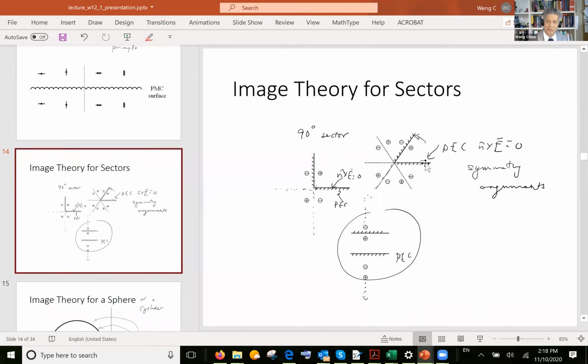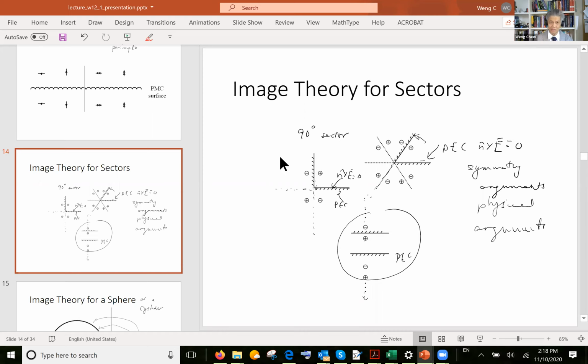We actually just invoke symmetry arguments. So it's coordinate independent in that sense. I don't even think about coordinate systems. You see what I mean? Yeah. It's all physical arguments, which are coordinate independent.